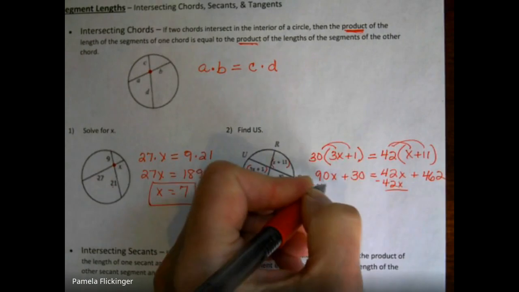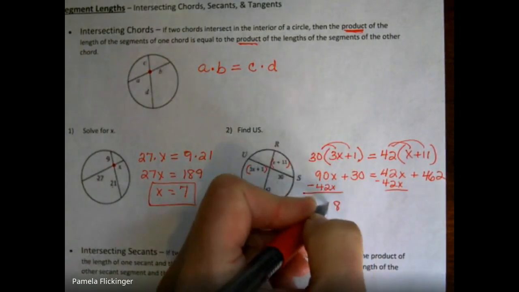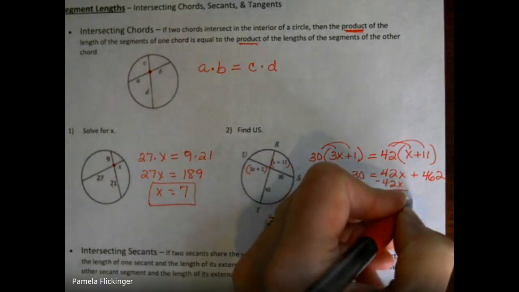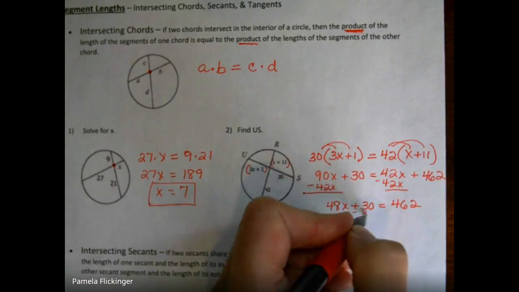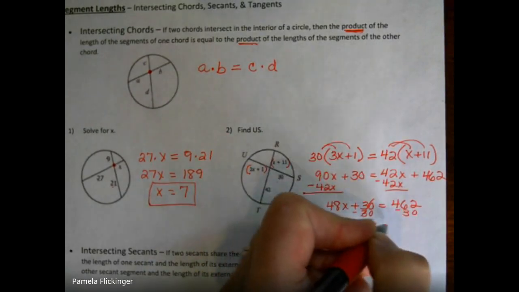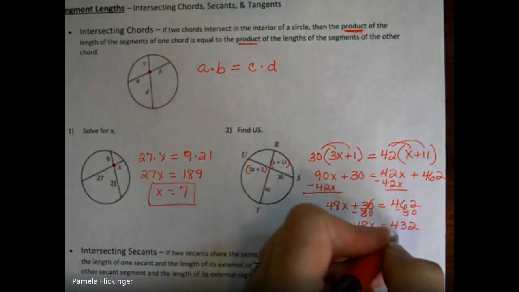So I'll subtract 42x, bring it over here, and we get 48x plus 30 equals the 462, and then subtract the 30. So we've got 48x equals 432. So if we divide 432 by 48, x will be 9.